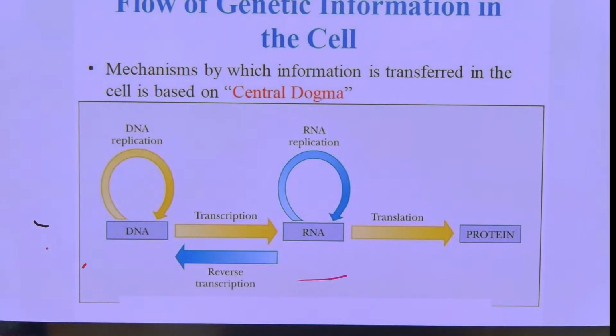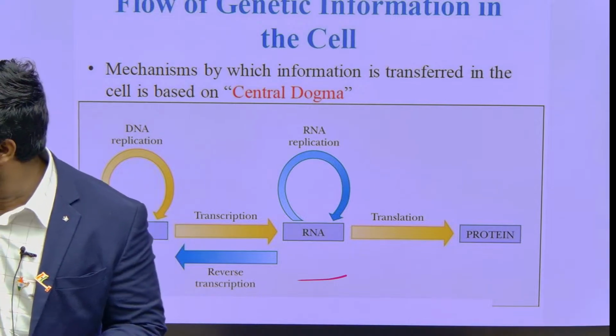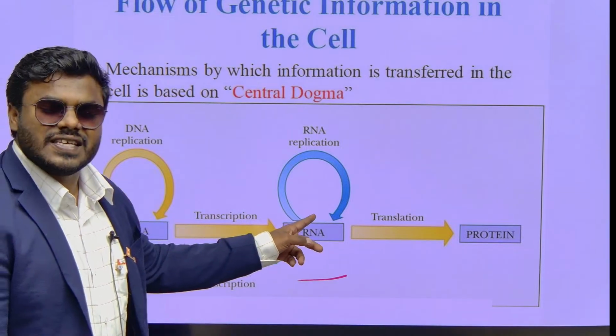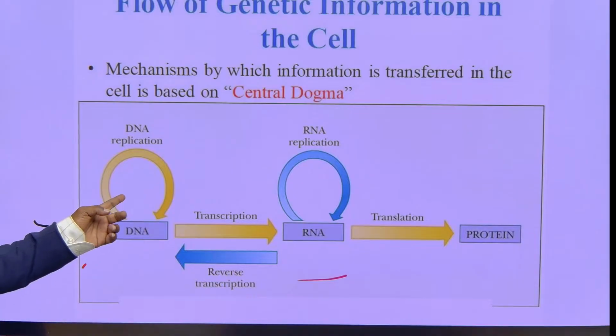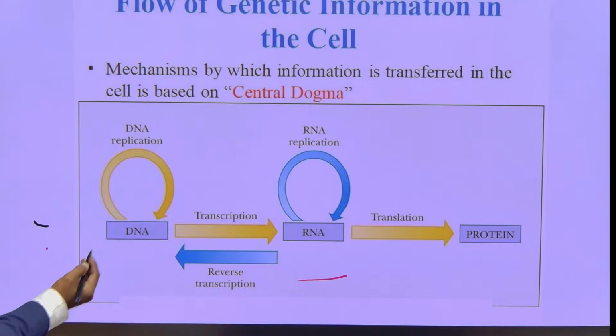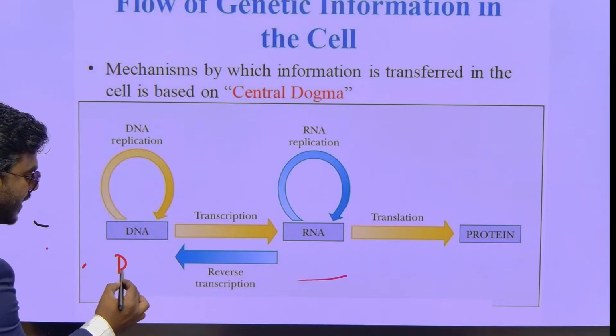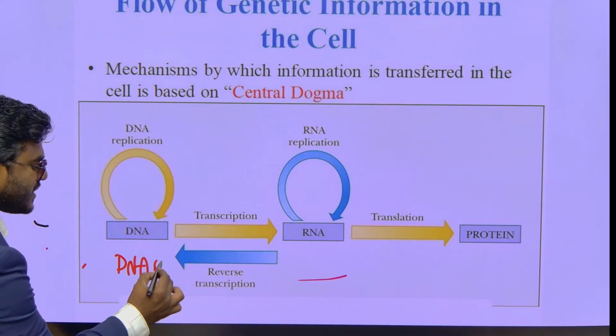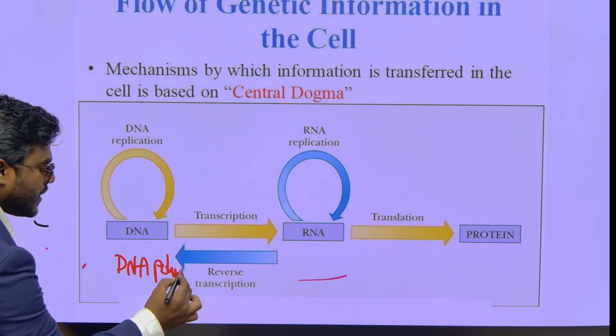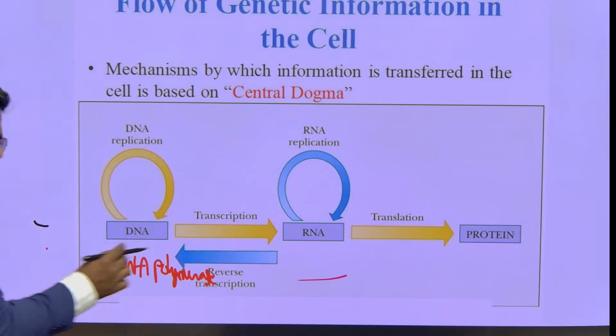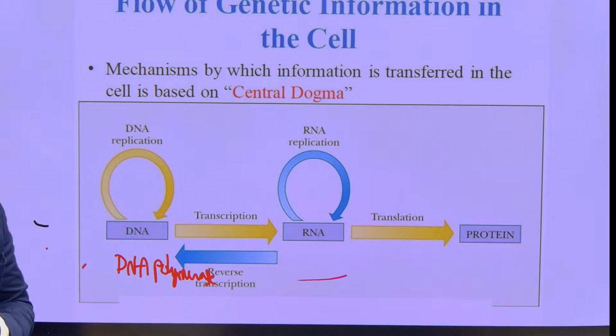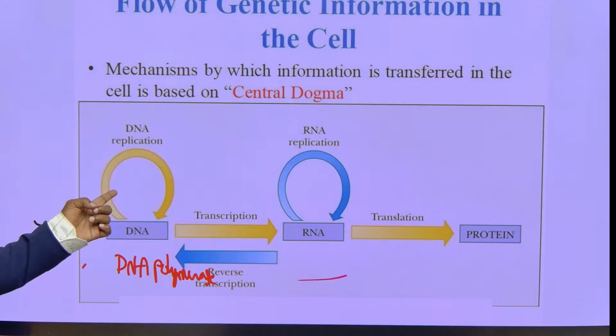Now let's quickly understand the key enzymes which are involved. First, before synthesizing the RNA, we are replicating the DNA. What is the major enzyme involved in DNA replication? DNA polymerase. There are many enzymes, but the principal enzyme involved in replication is DNA polymerase. But DNA polymerase always gets its information exclusively from DNA itself.